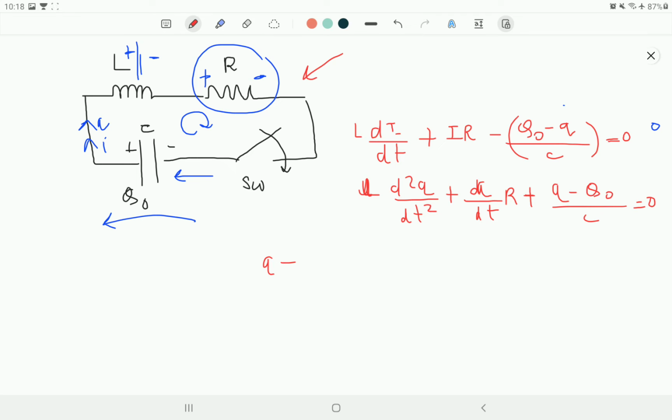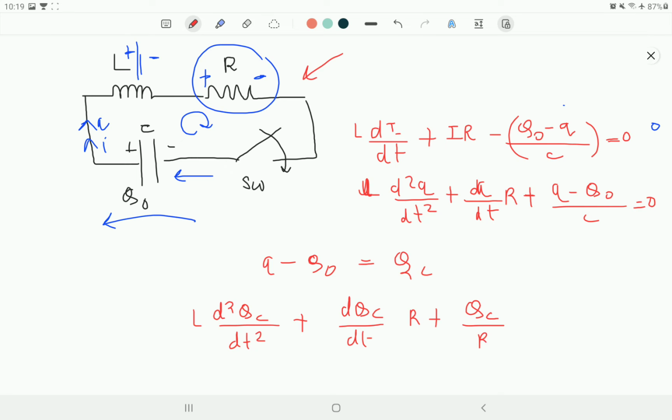Now substituting q minus q naught is equal to qc, here I can write it as L d²qc/dt² plus R dqc/dt plus qc by C is equal to 0.